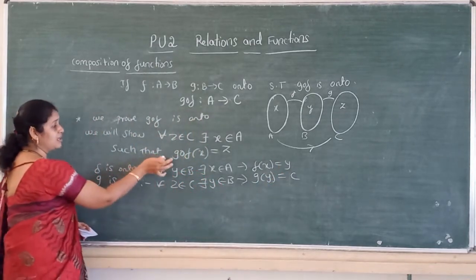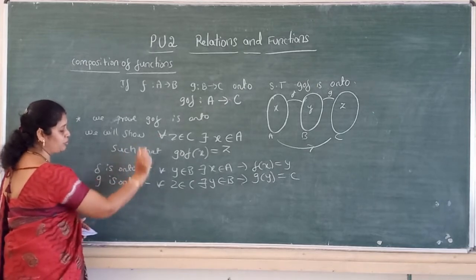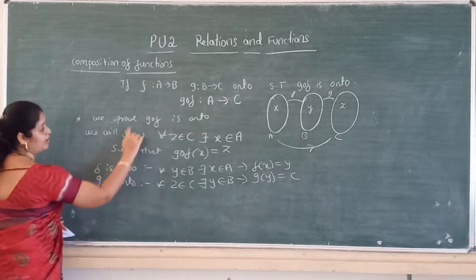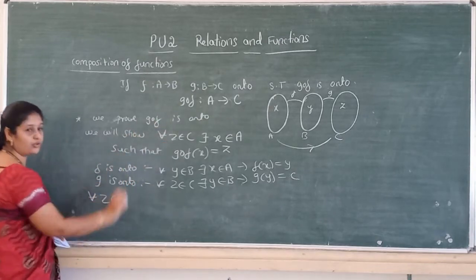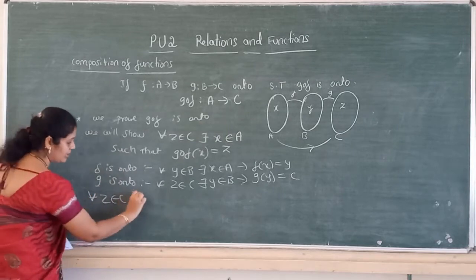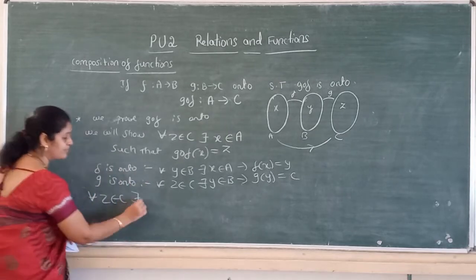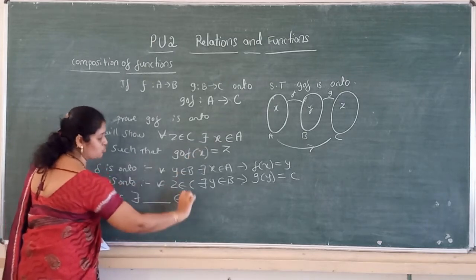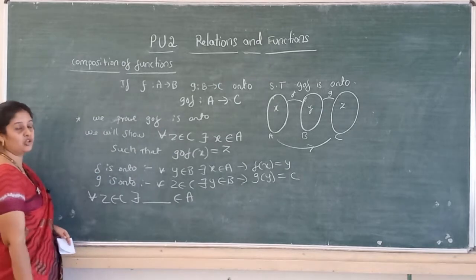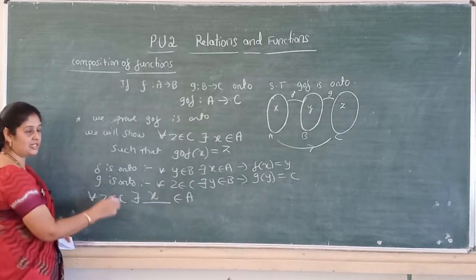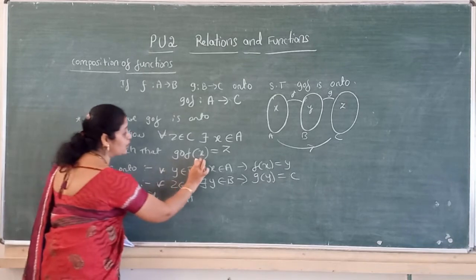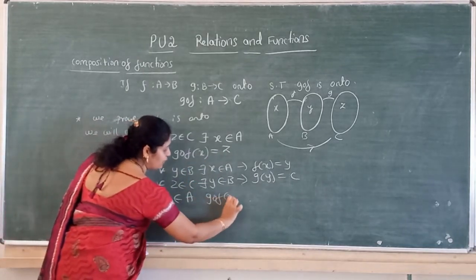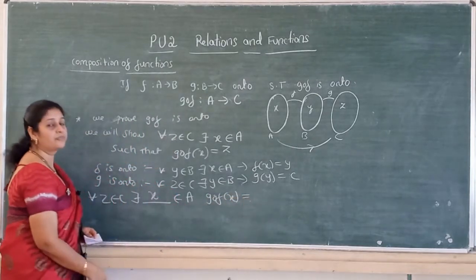Now I will take this to prove: for every z belongs to C, there exists some element that belongs to A, that is x. Then I have to prove that g of f of x is equal to z.